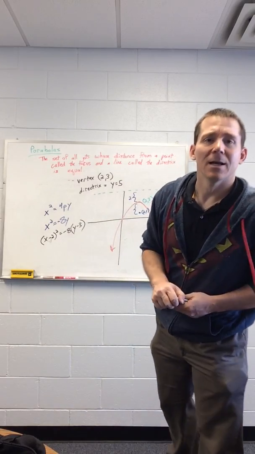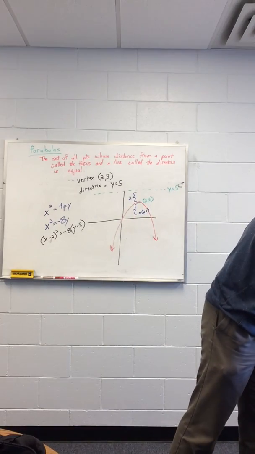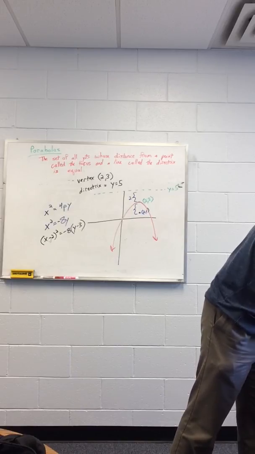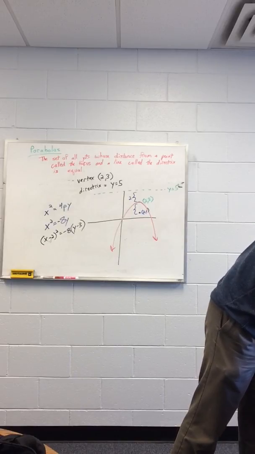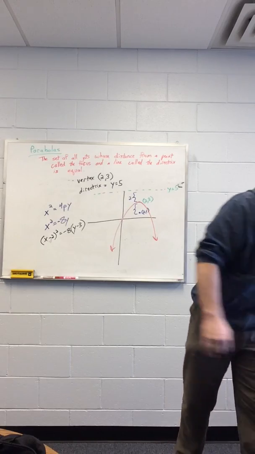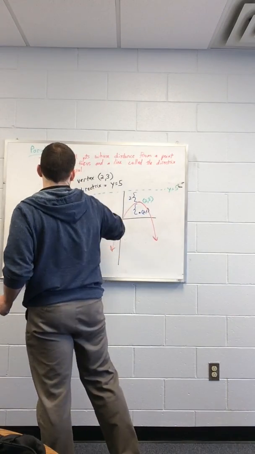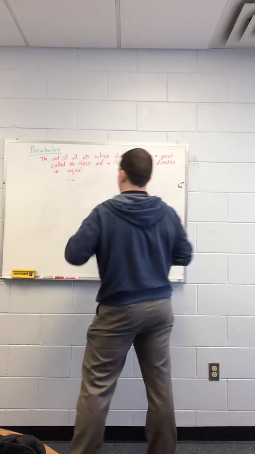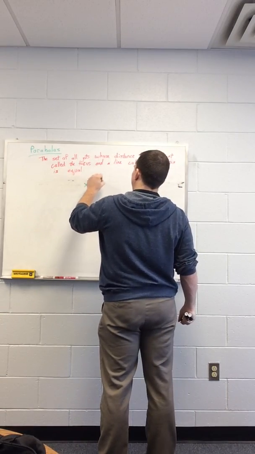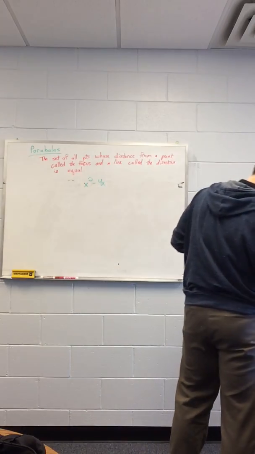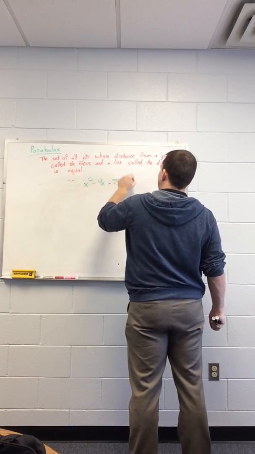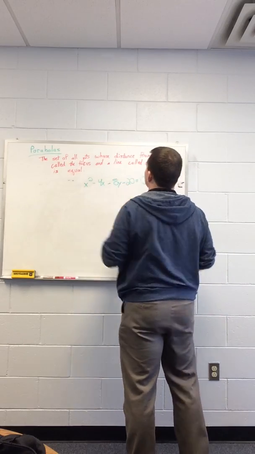The last thing, we have about 2.5 minutes left, so really quickly, let's see. Suppose we have x squared minus 4x minus 8y minus 20 equals 0.